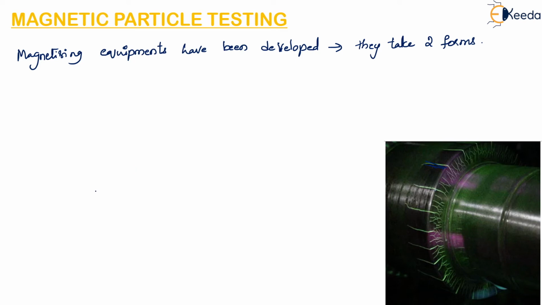For test pieces which are part of large structures or pipes or heavy castings which cannot be moved easily, the equipment will take the form of just a power pack to generate high current.